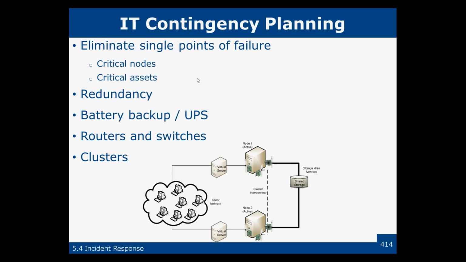The IT contingency planning, not the plan, but when we go through these things in IT, the first thing we want to do is try to eliminate as many single points of failure as possible, particularly critical nodes, critical assets: servers, routers, firewalls. The way we can do that is through redundancy, and we've looked at, briefly at least, some redundant software for routers, where we had the HSRP and VRRP hot standby routing protocols, that we had multiples.